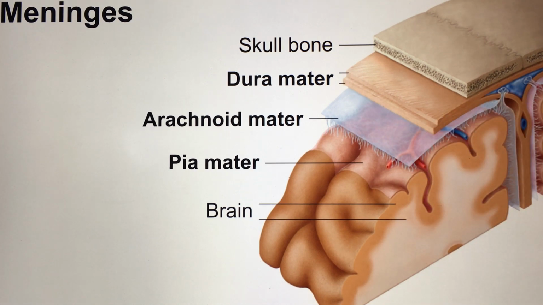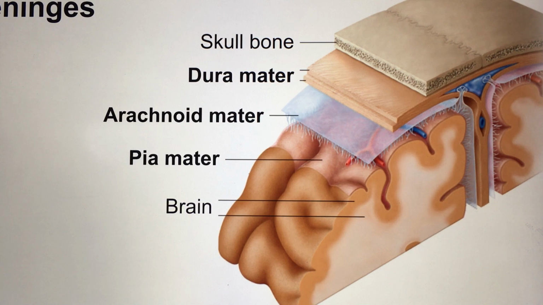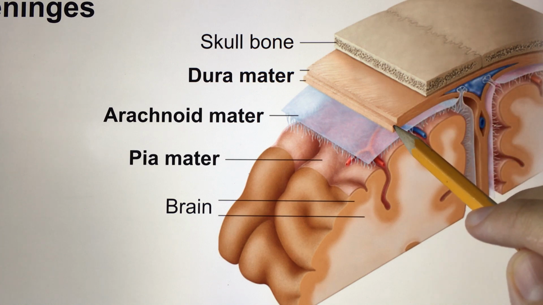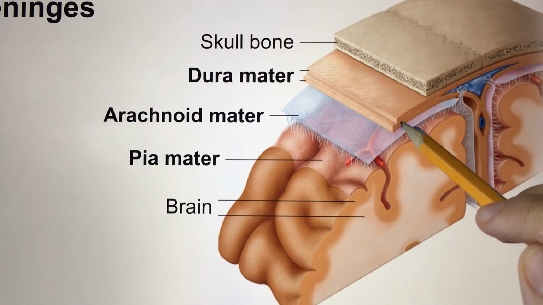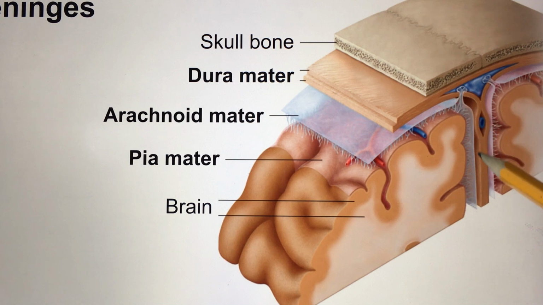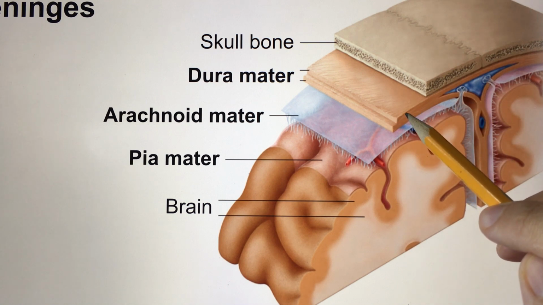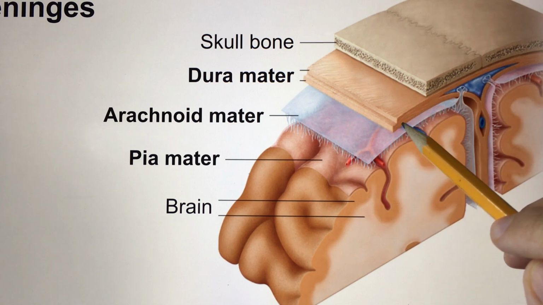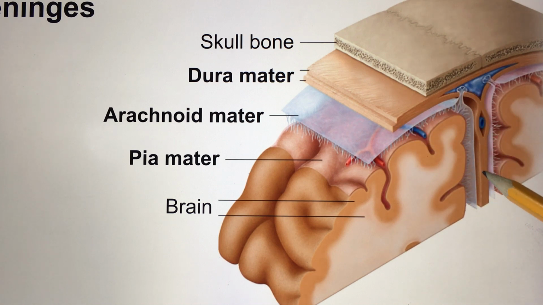One layer follows the inside of the skull, and a second layer follows the first layer, the superficial layer. But whenever it comes to the longitudinal fissure, the gap between the 2 brain halves, it folds inwards and covers the surface of the brain. So the superficial layer of dura mater follows the inside of the skull, and the deeper layer of dura mater follows the surface of the brain.